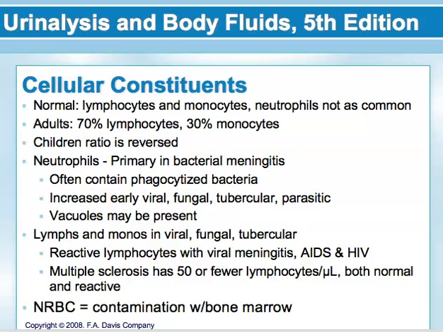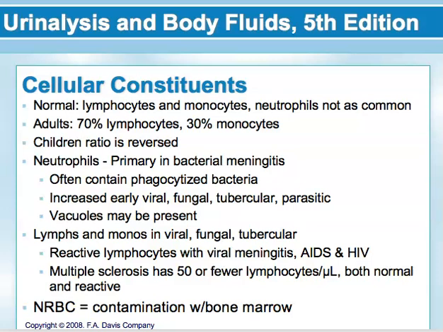Okay, so lymphs and monos are going to be the main white cells seen in CSF, not as many neutrophils. Generally, there will be a higher lymph to mono ratio seen in adults. It's usually 70-30, and the ratio is usually the opposite in children. A predominance of neutrophils is indicative of bacterial meningitis, whereas predominance of lymphs and or monos could suggest meningitis of viral, tubercular, fungal, or parasitic origin.